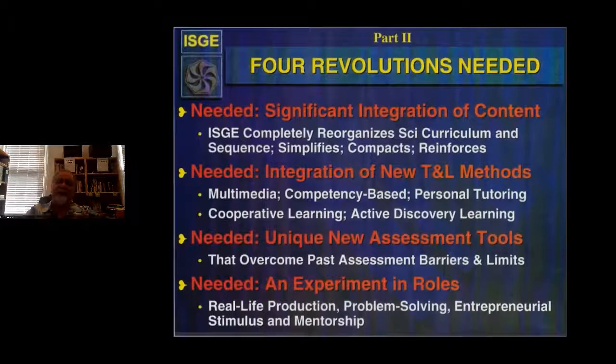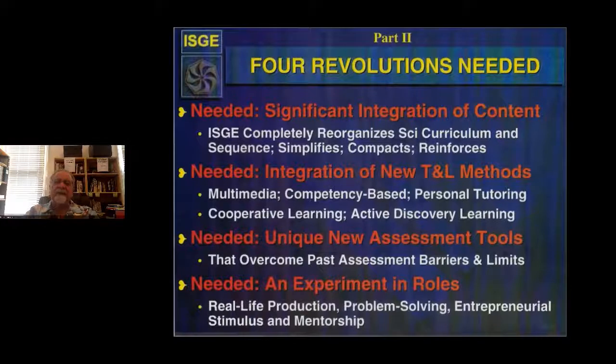So basically for ISGE, 4 revolutions are needed. The first one is a significant integration of content. ISGE completely reorganizes the science curriculum and sequence. It simplifies, compacts, and reinforces. And when you stop and think of it, this is one of the 4 first objectives for the ISSS as a society.